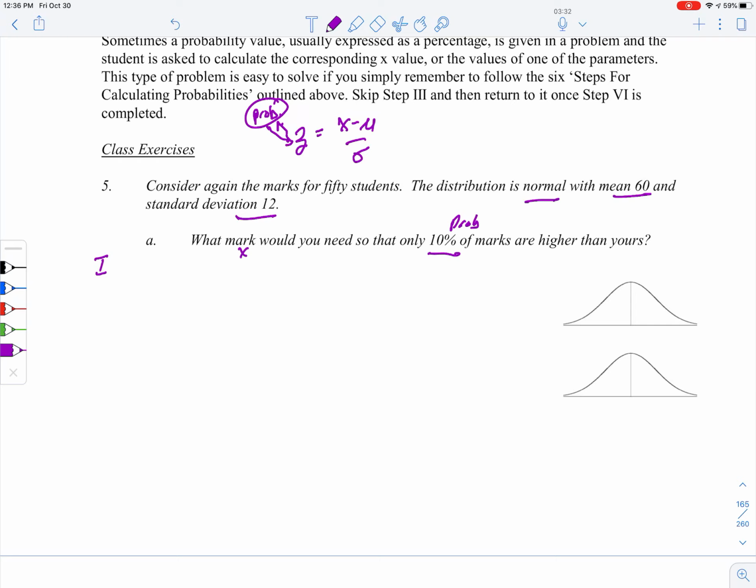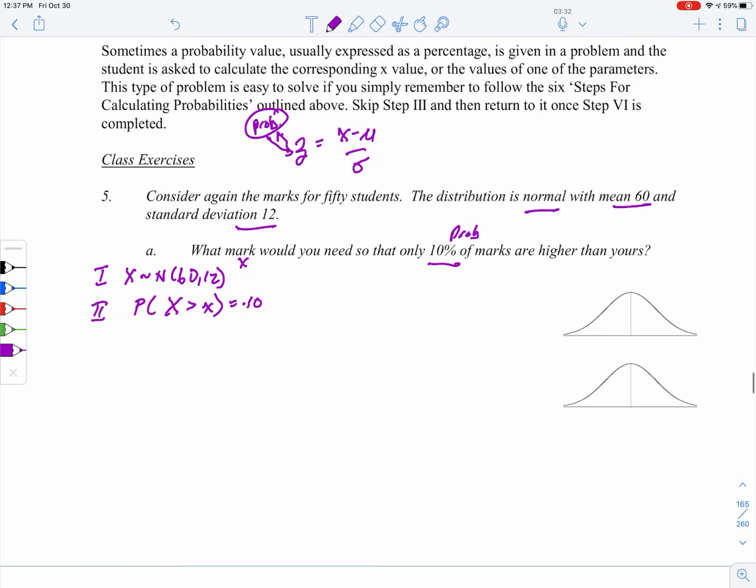Step number 1 is, what do we know about the distribution? It's normal with a mean of 60 and a standard deviation of 12. It's the same marks for 50 students that we've been looking at. Step number 2, let's write this as a probability statement. We're looking for some value, let's call it just little x, a specific x value where 10% of the distribution is greater than that.